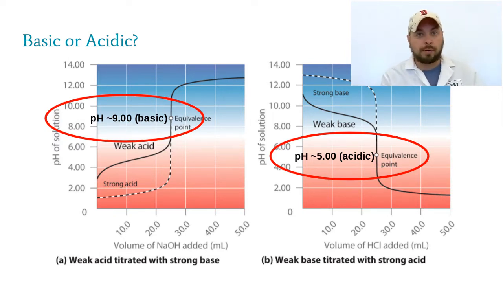They're neutralized. They're out. And so at our equivalence point, all we have left is weak acid and water. And a weak acid and water, we know, will decrease the pH. So the pH at the equivalence point of a weak base strong acid titration is going to be less than 7 because of the presence of the conjugate acid.